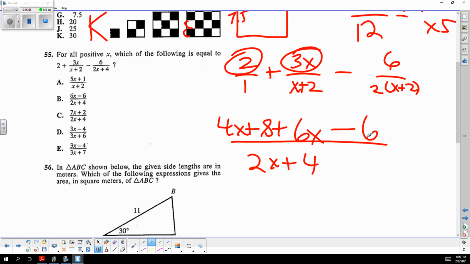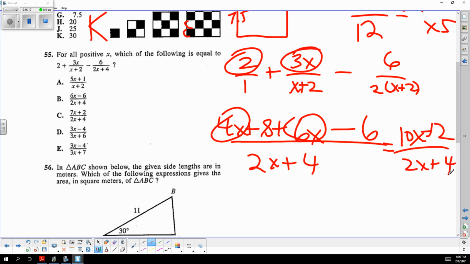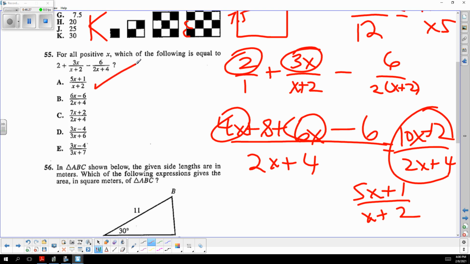It stays the same. So it's 10x when you add them, plus 2 over 2x plus 4, and lo and behold, everybody gets divided by 2, and you get 5x plus 1 over x plus 2.